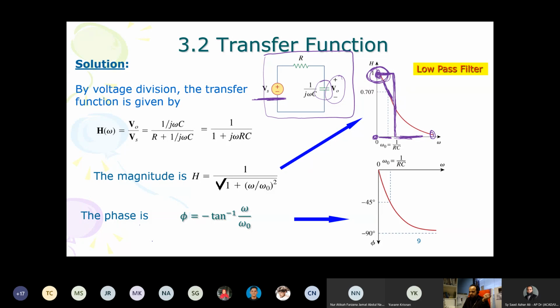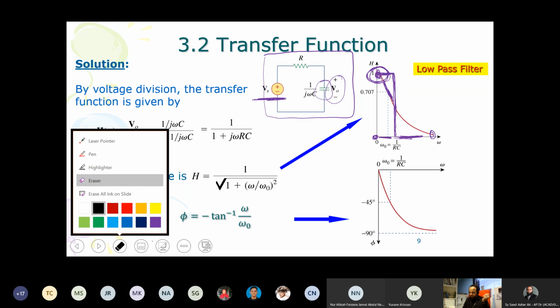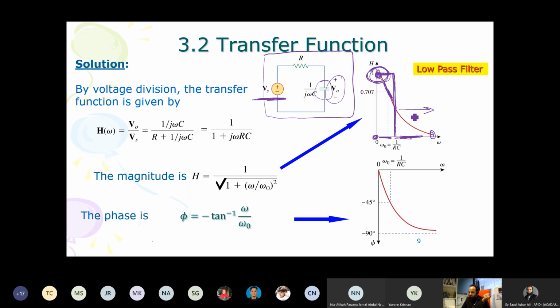In short, this is a circuit that blocks the high frequencies and allows the low frequencies. Is that okay? The high frequencies are all blocked and these are allowed. Is that okay? All right.